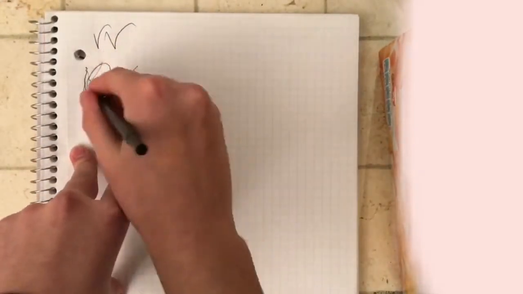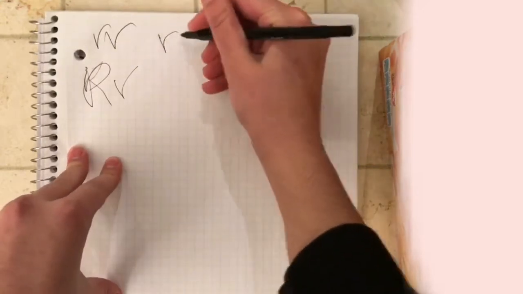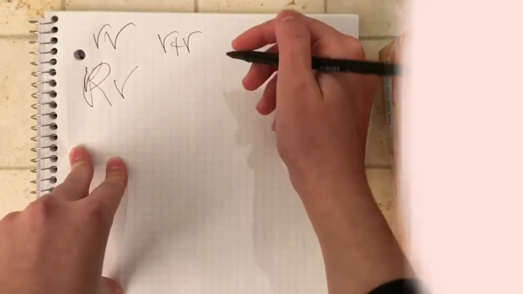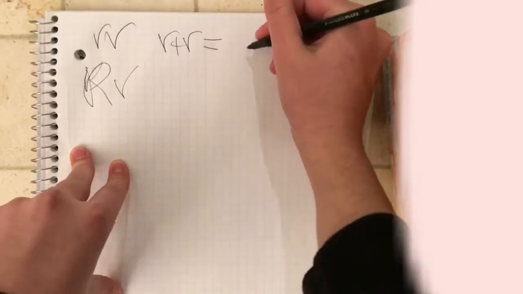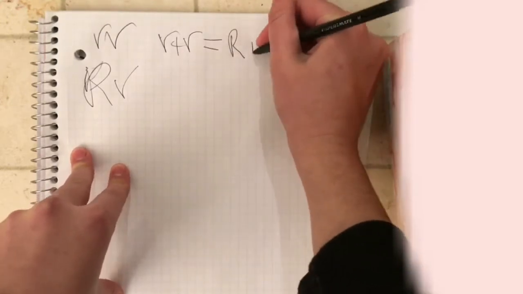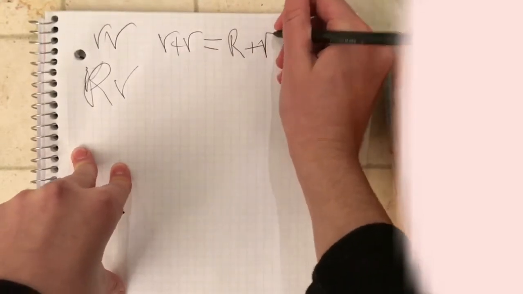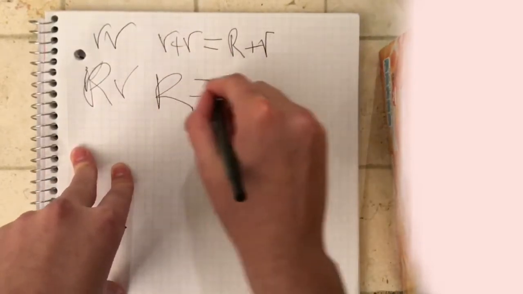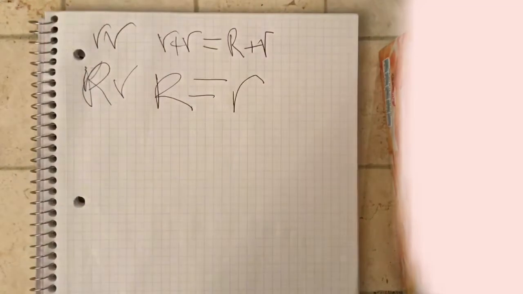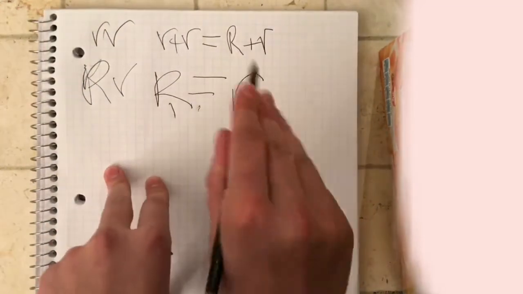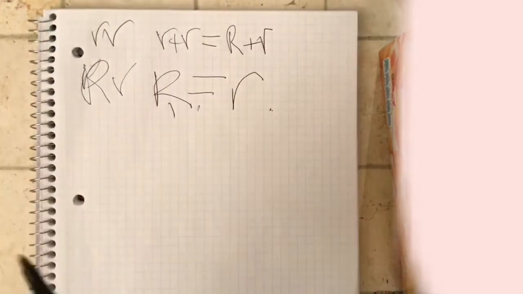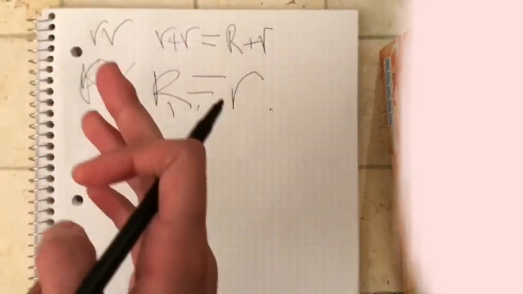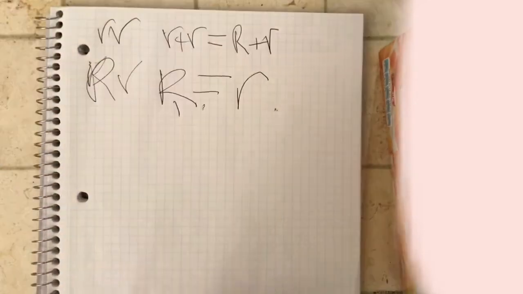So that means that little r plus little r is equal to big R plus small r. So then you can conclude that big R is actually equal to little r, even though this is dominant and this is recessive, which is insane. It's a huge leap for Scientology. But let's move on to the next problem.